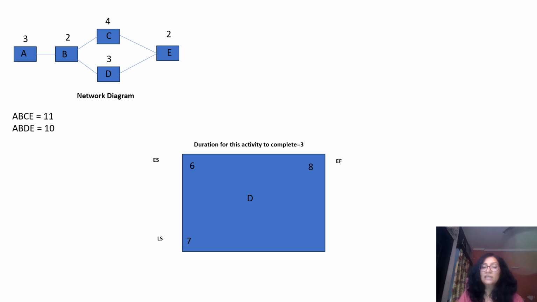So you started this activity on day 7. And how many days will it take? It will take 7, 8, 9, 3 days. So the finish day is the 9th day. It is called late finish. So guys, ES is early start, EF is early finish, LS is late start, LF is late finish.